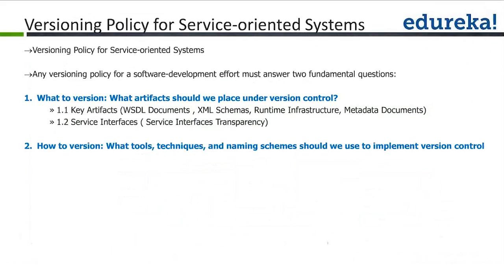So what to version? What artifacts should we place under version control? What all do you think actually changes when we do the versioning? It is your visual document, your schemas, your runtime infrastructure. This is all which gets changed. So what is this runtime infrastructure? What is this XML schema? And what are these service interfaces?